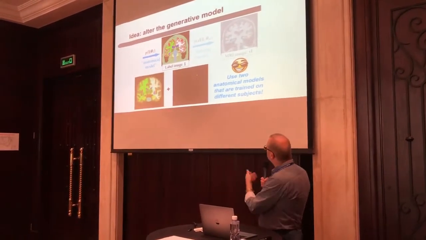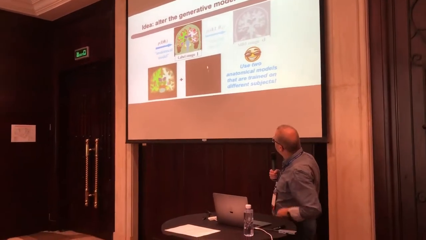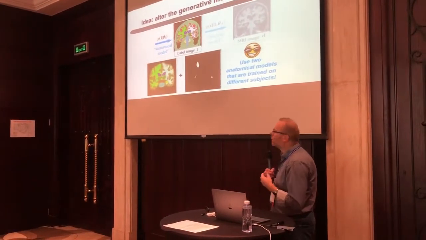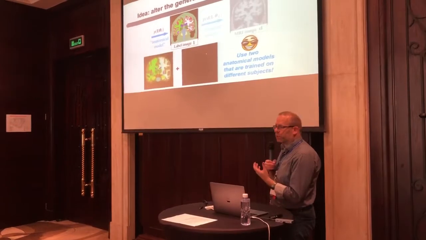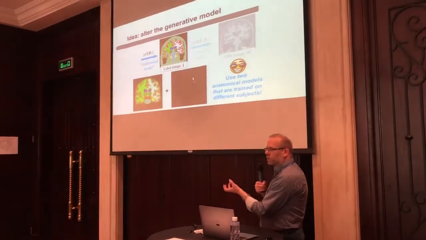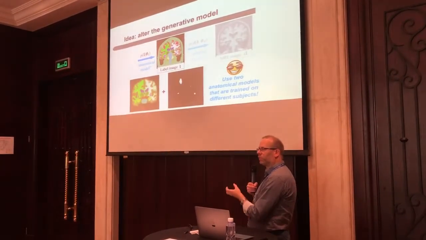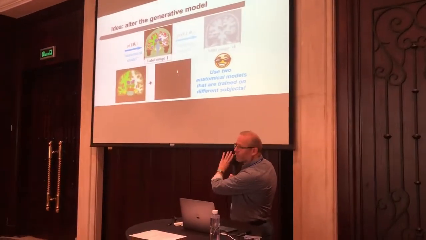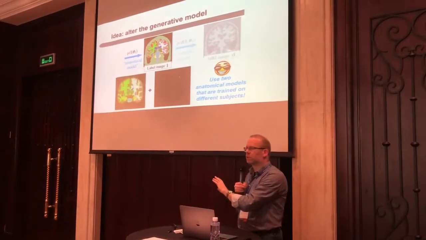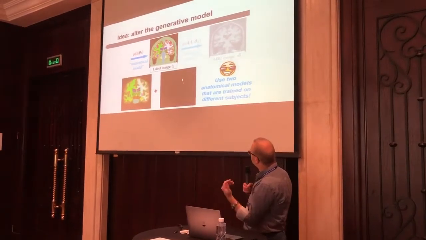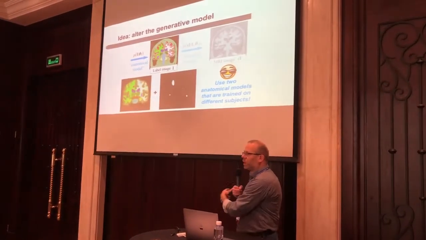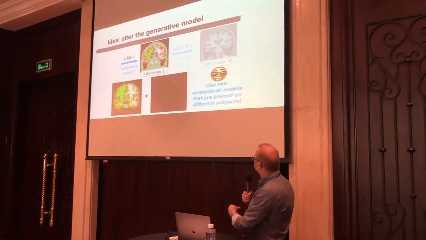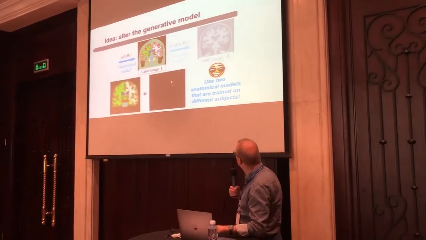We use generative neural networks with latent variables to encode the shape and learn them from different subjects. So the trick is essentially that we don't need manual segmentations of anatomy again. We can use the old ones and just plug in another model trained on different subjects. So you have that flexibility.